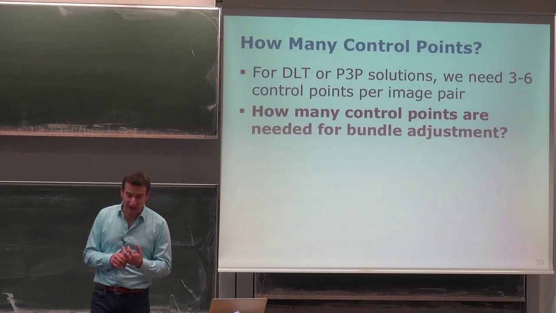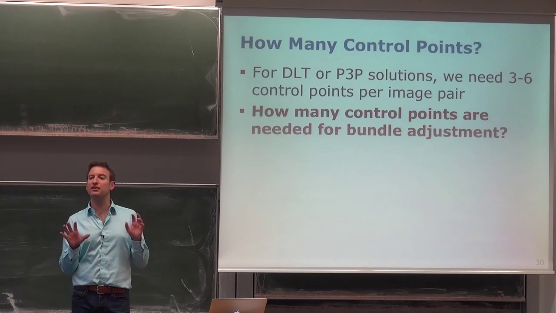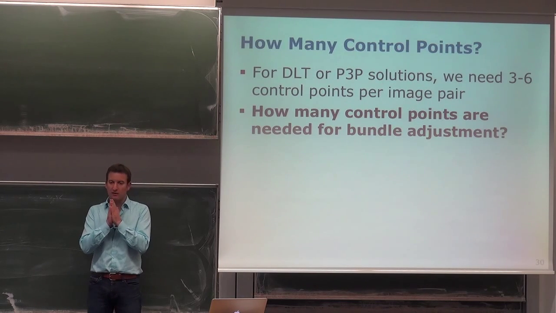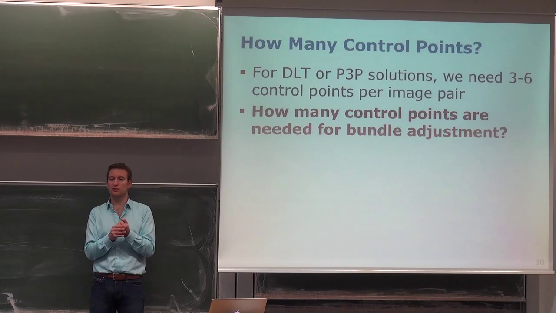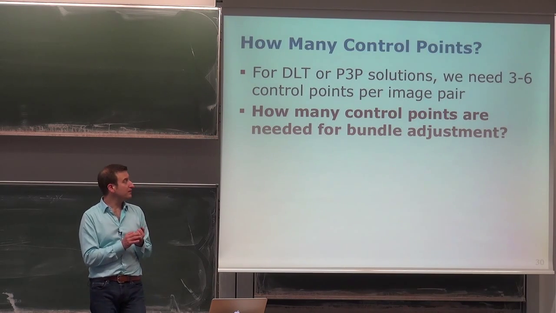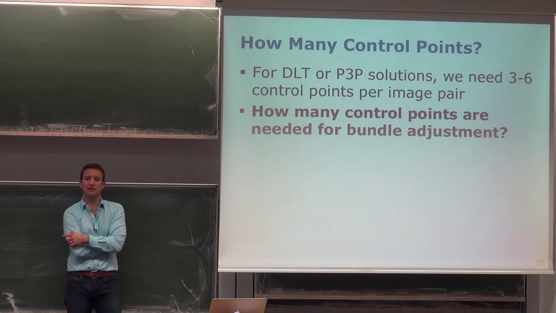And I need that for every pair of images. For every pair of images, I need to see those control points. Otherwise, I can't compute the DLT or the projective three-point algorithm. So the question is, how many points do I need for the bundle adjustment problem? Any idea?